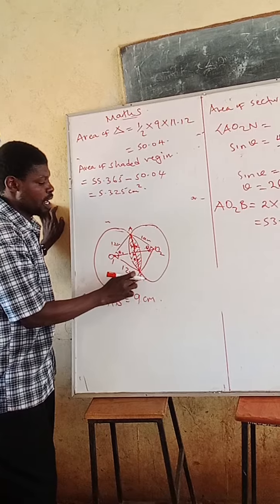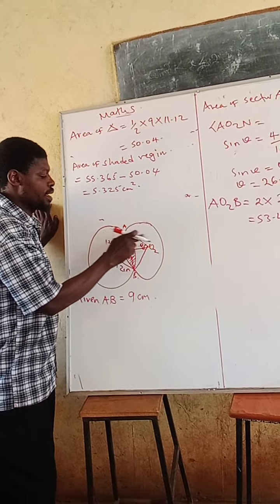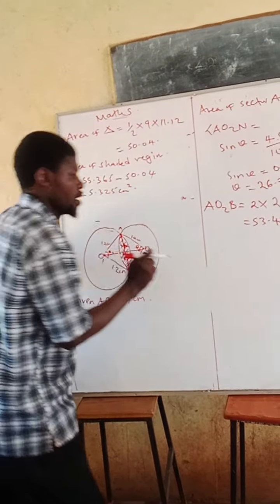Now, from there, let us calculate the area of the sector AO2B.